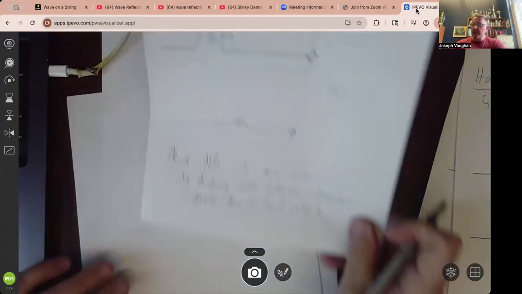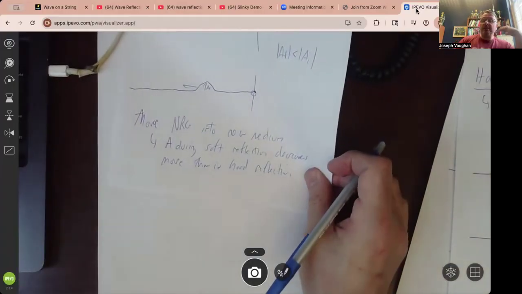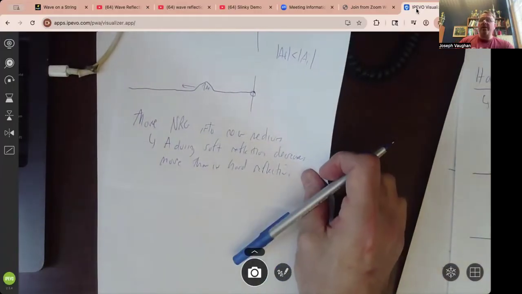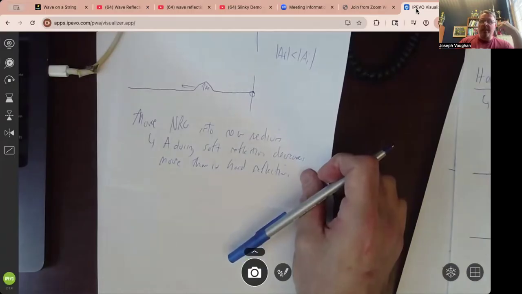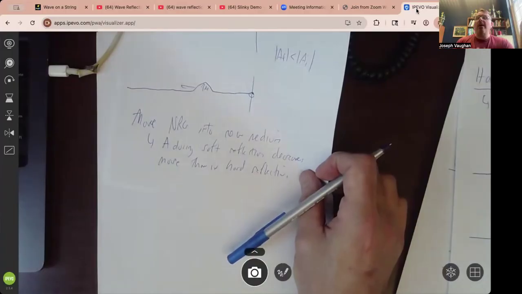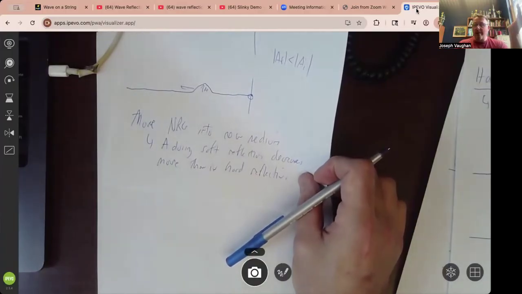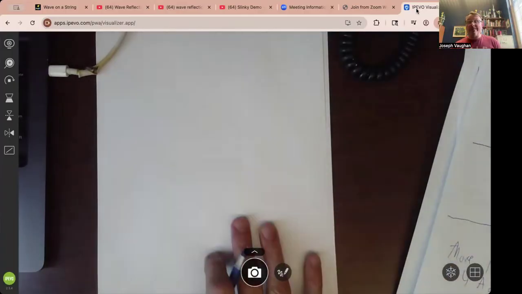Oh, that's so not visible. So another way to think about this, in a hard reflection, more of the energy comes back into the original medium. Therefore, the amplitude is not reduced by as much. In a soft reflection, more of it's transmitted than reflected, and therefore you get that result. Okay, so that's an important difference.